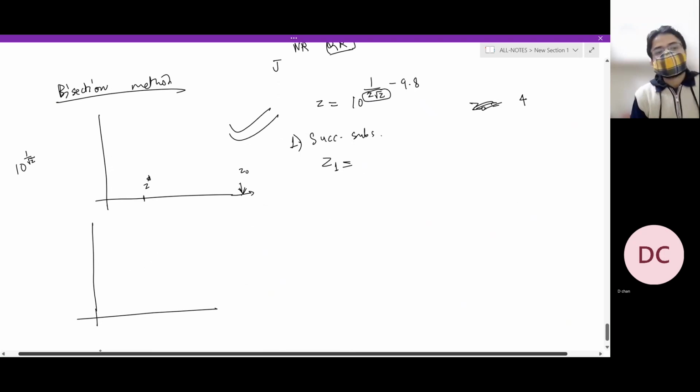If you put z equals 1, it will be 10. If you put z equals 4, this becomes less than 10. This is root of 10, maybe 3 point something.